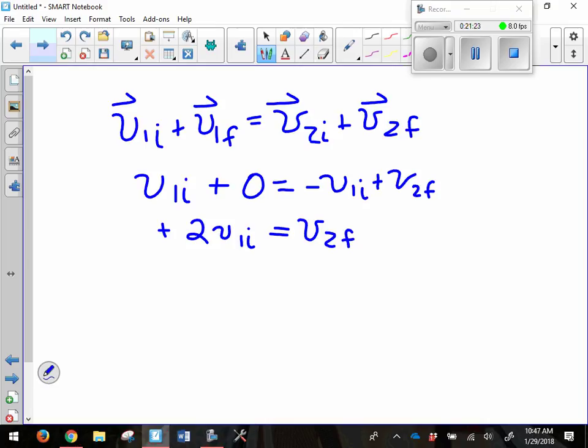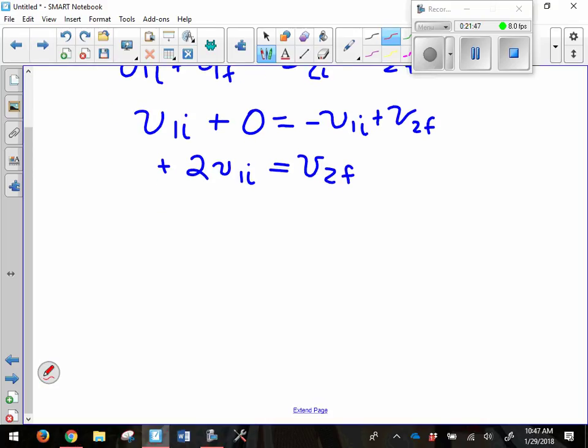Well, I'm going to want to solve for the mass, but how is it going to help me that I can put all of the velocities in terms of V1I? I guess we'll just have to find out.